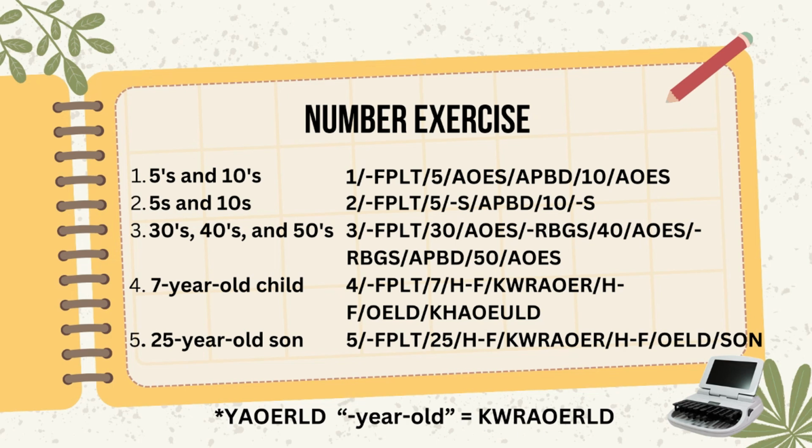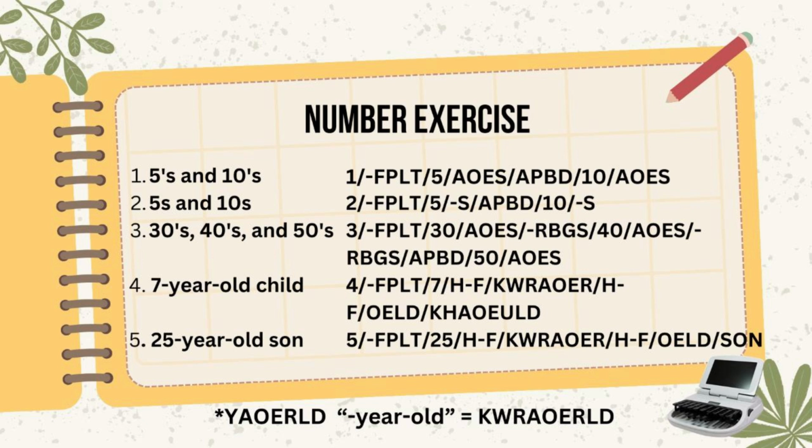We have five numbers: number one, fives and tens without the apostrophe; number three, comma, forties, comma, and fifties; then number four, 7-year-old child; and number five, 25-year-old son. So on the right side, you can see how these sentences should be written.